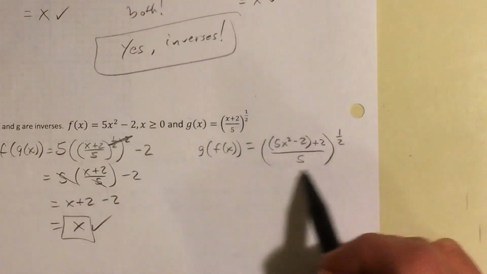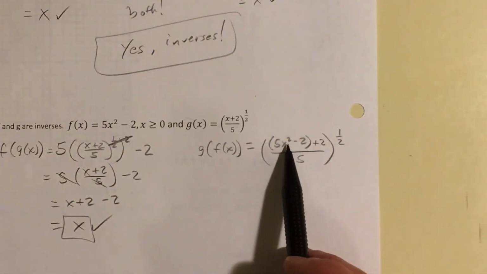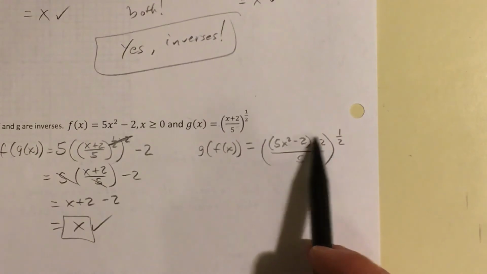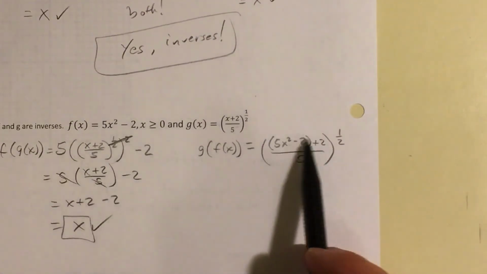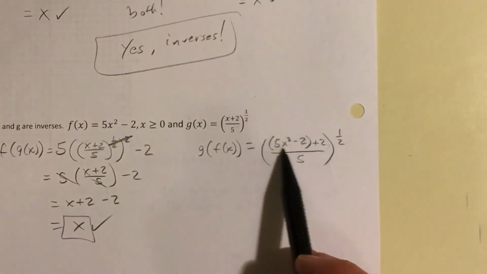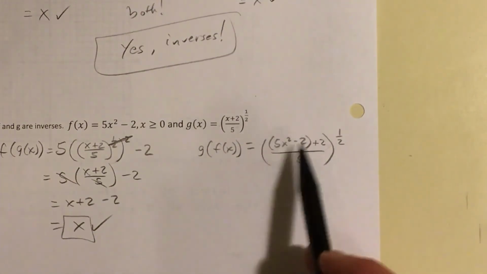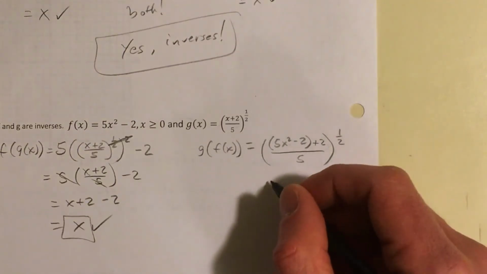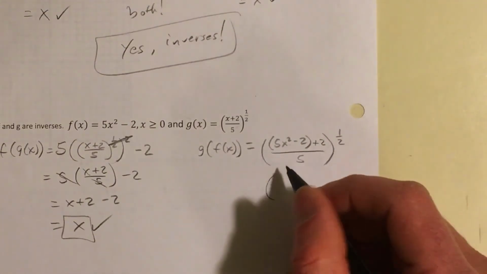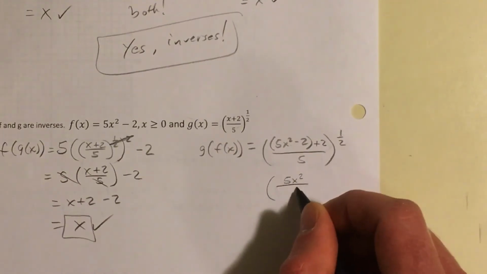Go inside this parentheses. Go to this parentheses. Can't simplify anything. We've got a fraction. A fraction acts as a grouping symbol. You want to simplify this numerator first. And when you add those together, those 2s will undo each other. At that point, the internal parentheses is no longer necessary, so you'll have 5x squared over 5.